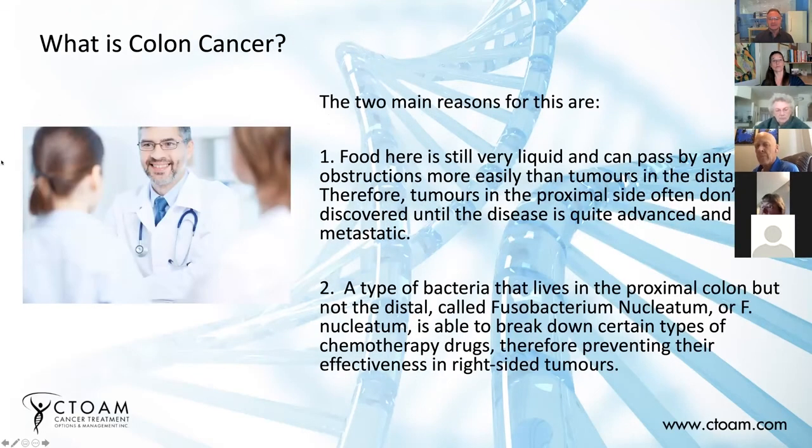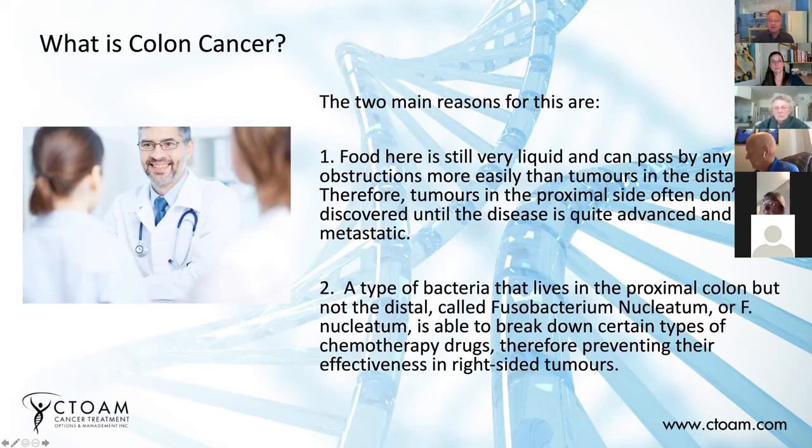Ding. So there's a few different reasons. One of the main reasons is that when food passes through the proximal side, closest to the stomach, it's much more liquid. It hasn't had all the water removed yet. And therefore, you can have a tumor there and not really notice it until it's really big. People with right-sided colon cancers tend to get diagnosed at a much later stage than people with left-sided colon cancers.